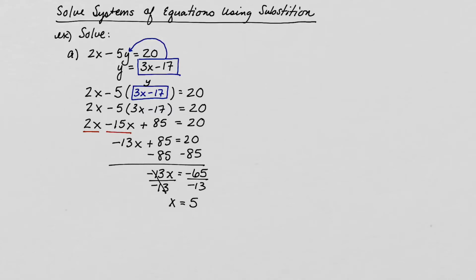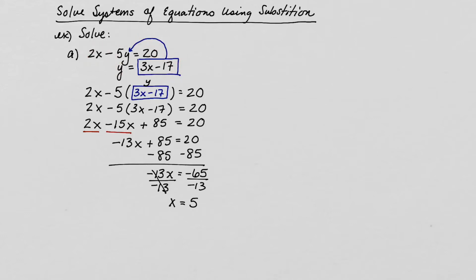But if you notice, in my original problem, they had x's and they had y's. So my answer needs to have x's and y's in it. I found the x, now I have to find the y. To find the y, I'm going to plug back into one of the two equations up here. You could take this 5 and plug it into either equation.